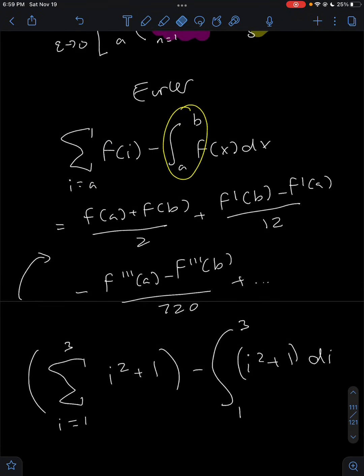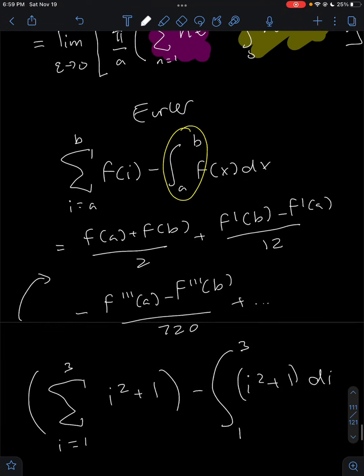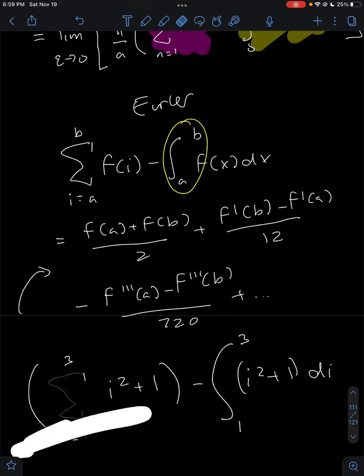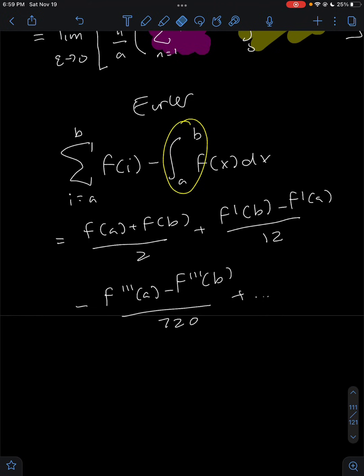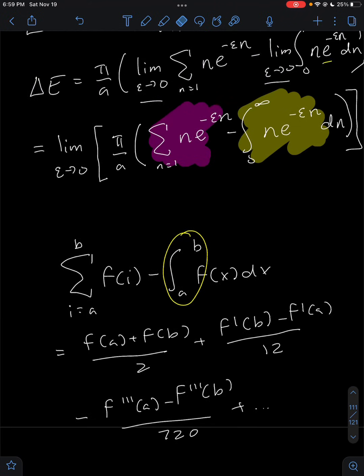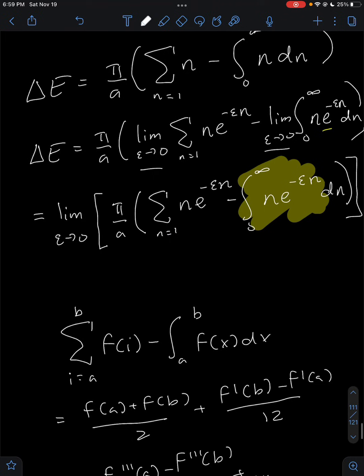So we have a sum from i equals a to b of f of i, minus the integral of that. We can actually apply this neat formula from math to solve this expression right over here, because it turns out that our function, our f of i, can just be n e to the minus epsilon n.